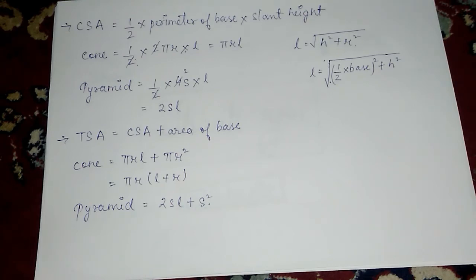I told you 3 basic formulas for prisms that you have to remember, and the 3 figures are cube, cuboid, and cylinder. You can apply that basic formula in these 3 and you'll get the formulas automatically. You don't have to learn each formula separately.